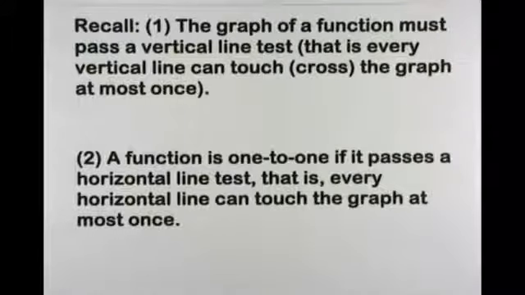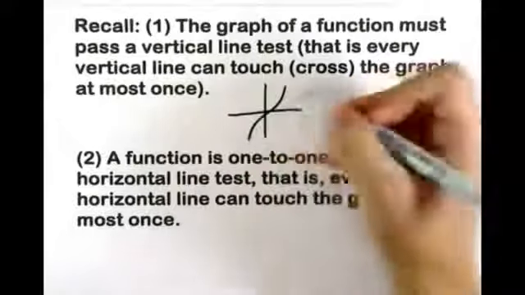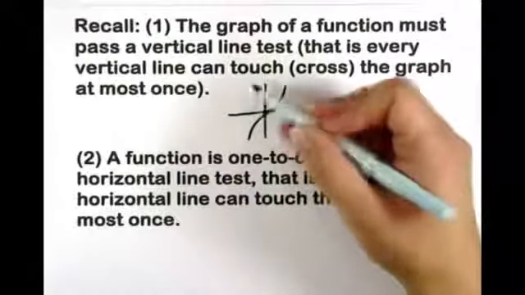Recall, the graph of a function must pass the vertical line test. That is, every vertical line can touch or cross the graph at most once. So if we have a graph, in order for it to be a function, every vertical line can cross it only once.